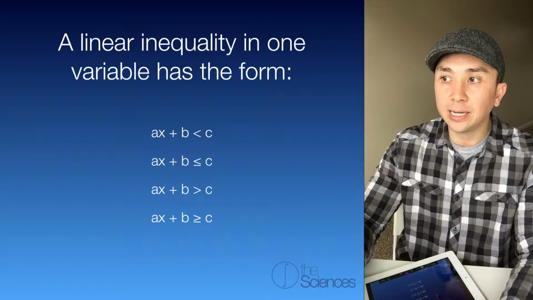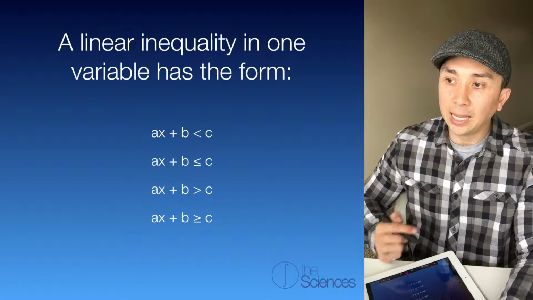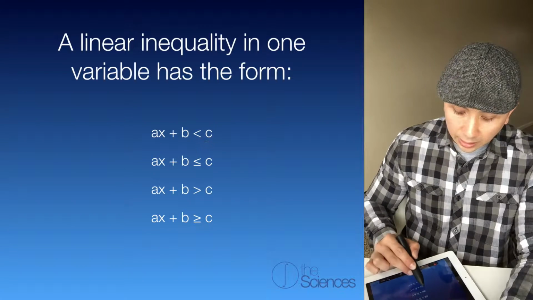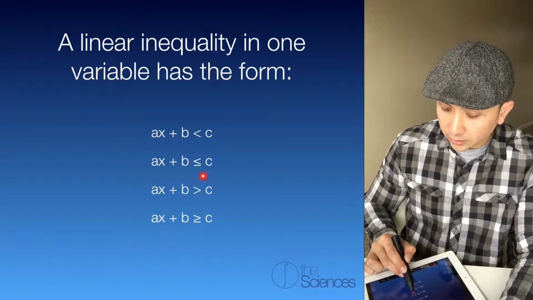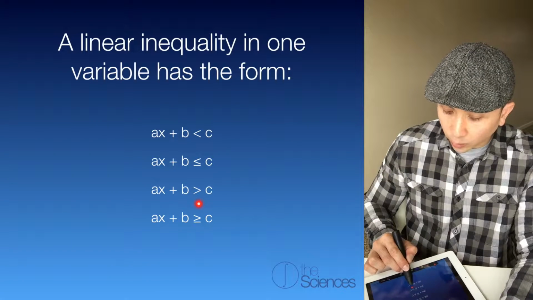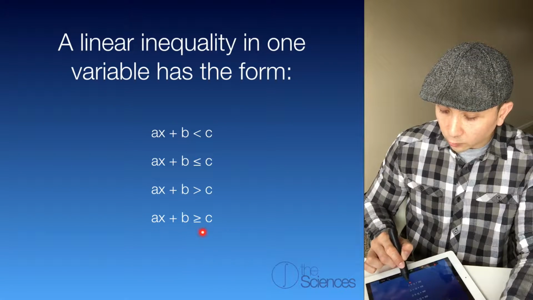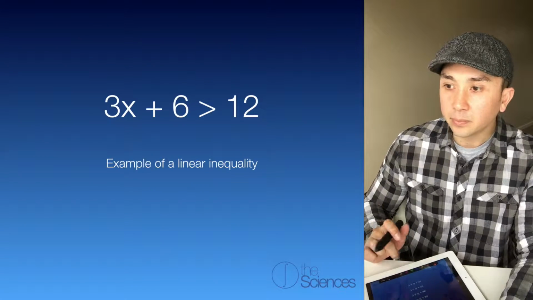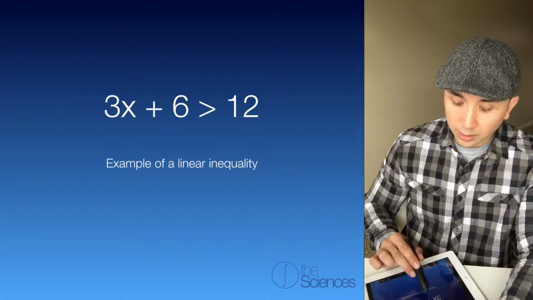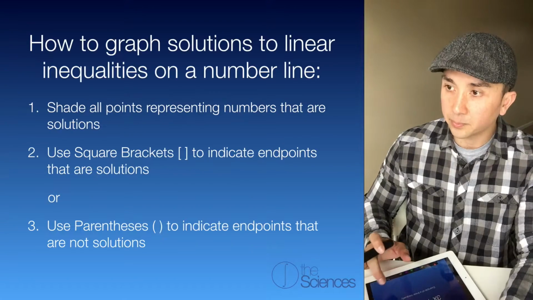So a linear inequality in one variable has the form ax plus b is less than c, ax plus b is less than or equal to c, ax plus b is greater than c, and ax plus b is greater than or equal to c. So here's an example of a linear inequality. 3x plus 6 is greater than 12.